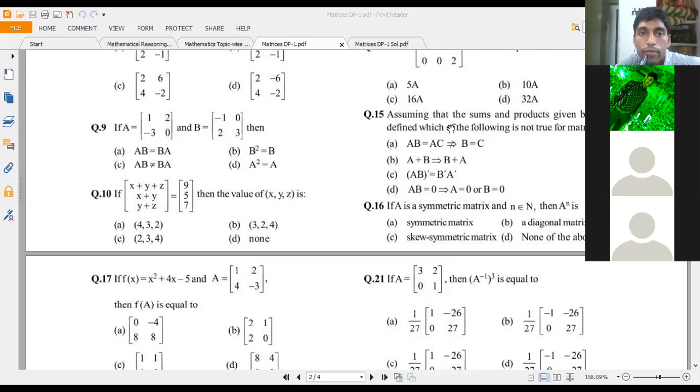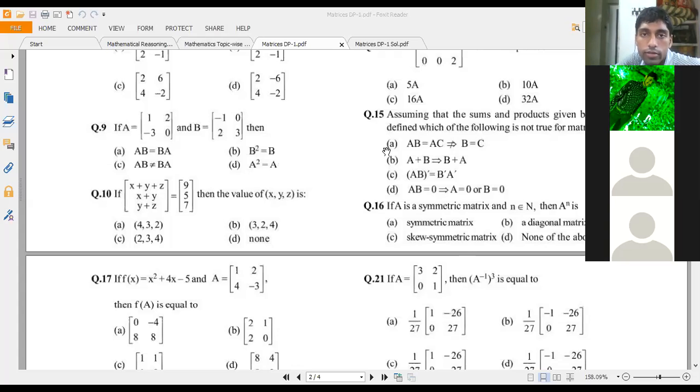Why not? If B equal to C, then AB is equal to AC. True. But that product should be conformable. It should be allowed basically. Order वो सब allowed होना चाहिए.